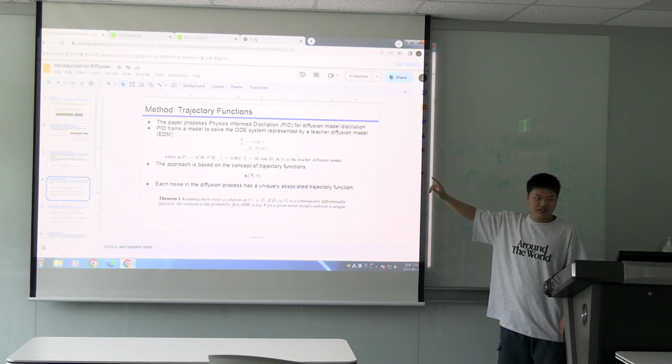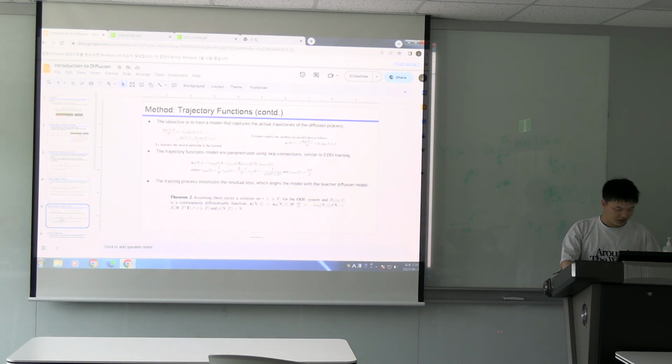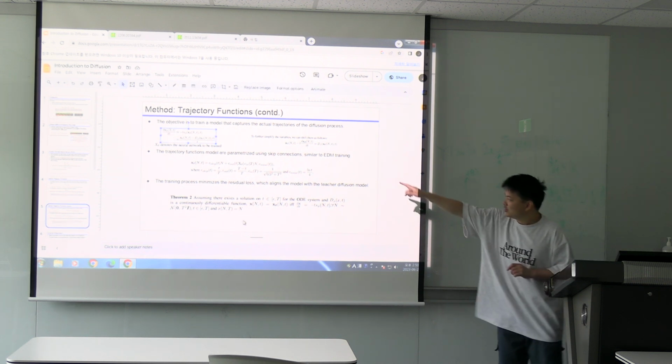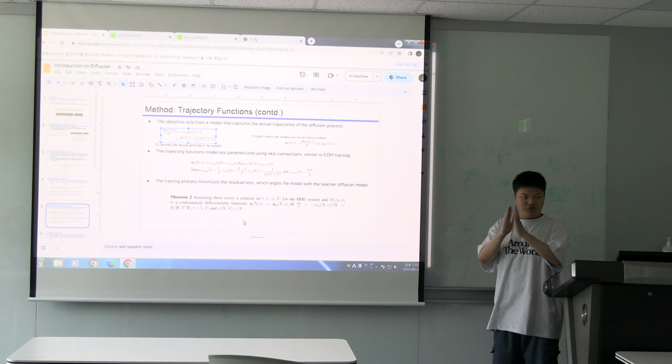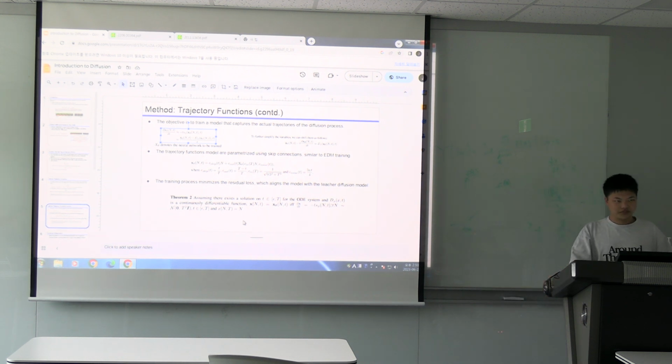So x theta n of t, right? And this model, we reduce the loss between this and the residual loss, similar to how you do PINNs. So the loss can be looked at as matching here, right? X theta n t, we reduce that loss, similar to how you do in PINNs, right?